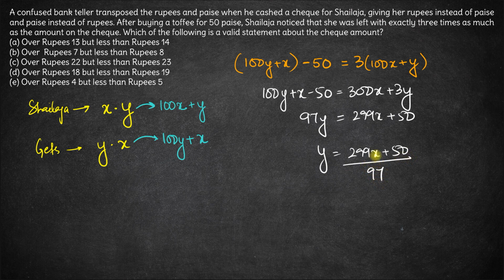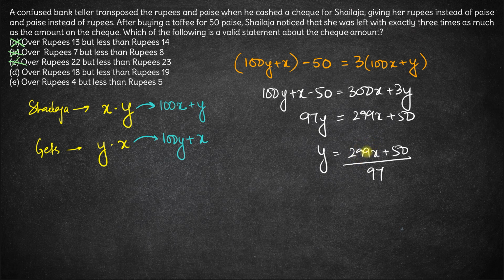Now x should be such that y should also come out to be an integer. The values of x and y should both be integers, because we are talking about rupees and paise. Whatever rupees and whatever paise it has to be integers, right? So x and y both here should be integers.